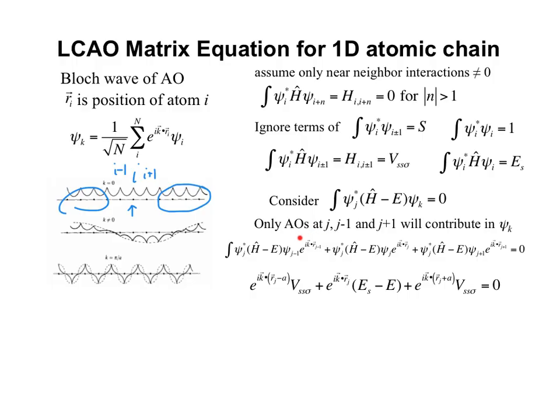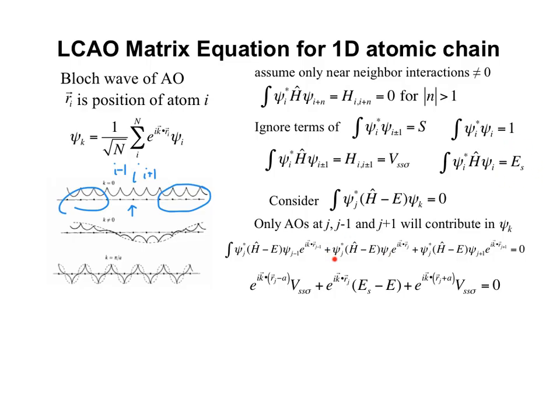Then the wave vector e to the i k dot the position of the j minus 1 atom, we can change to e to the i k times the position of the jth atom minus a, where a is the distance between atoms. For the term involving the jth atom itself, we have psi j, the Hamiltonian of psi j, which is simply the energy of the atomic orbital.